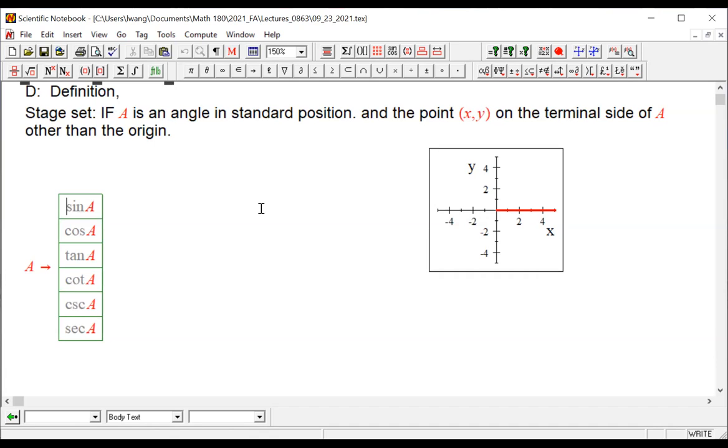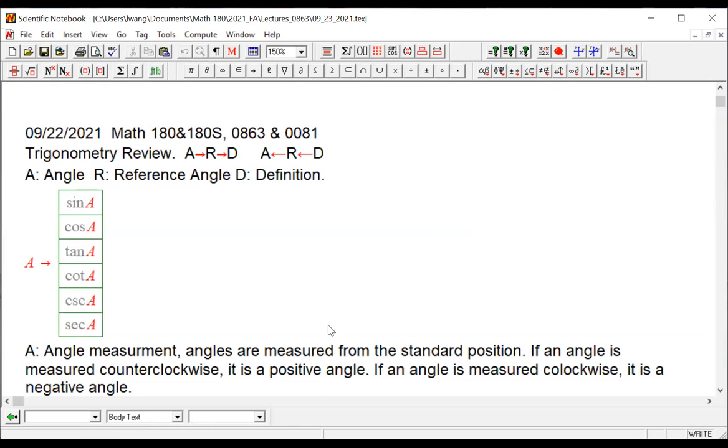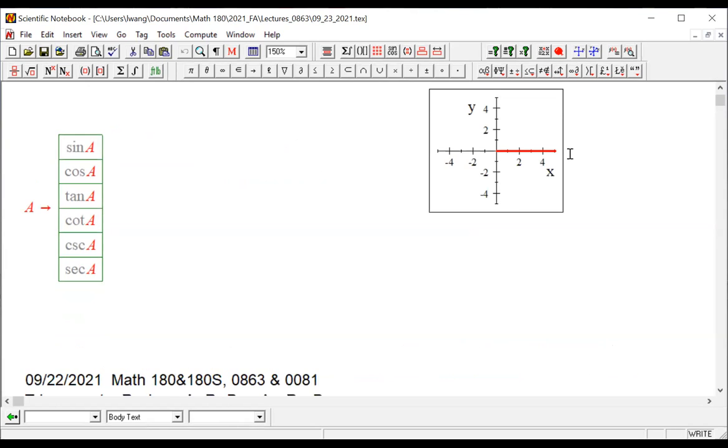Look at your notes. This is not a closed book, closed notes test. Look at what we covered. It is how we measure angles, how we measure the input. Angles are measured from the standard position, from right here.